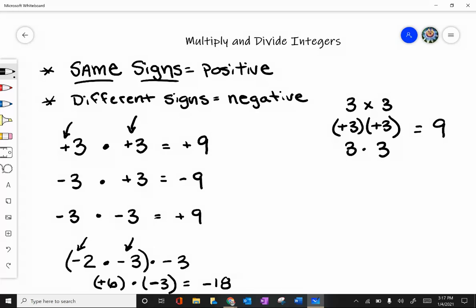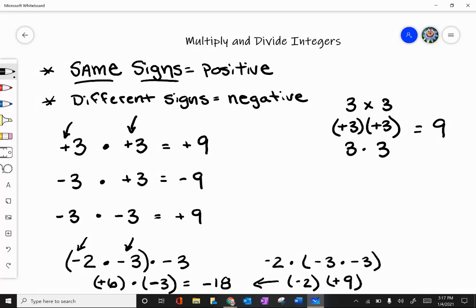Even if I grouped it differently and I did negative 2 times negative 3 times negative 3, this would be positive 9 times negative 2. Since the signs are different, it still gives you negative 18.